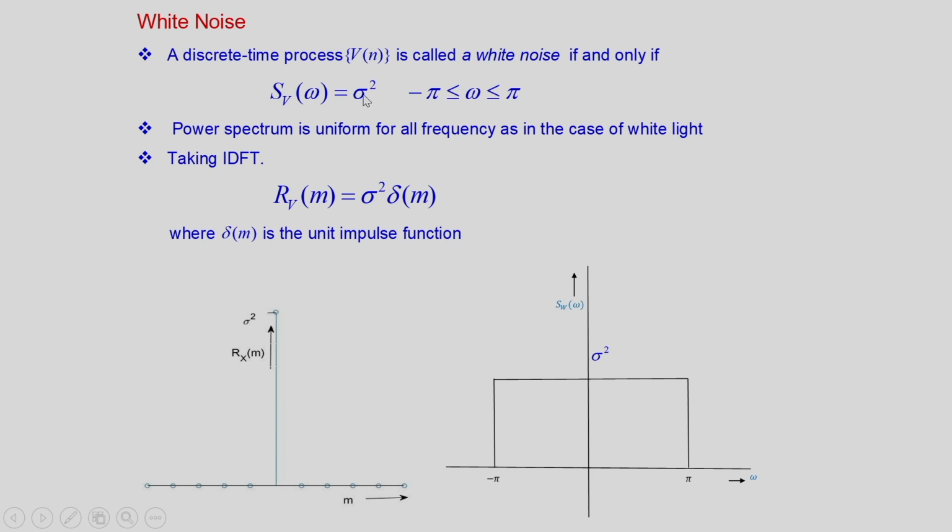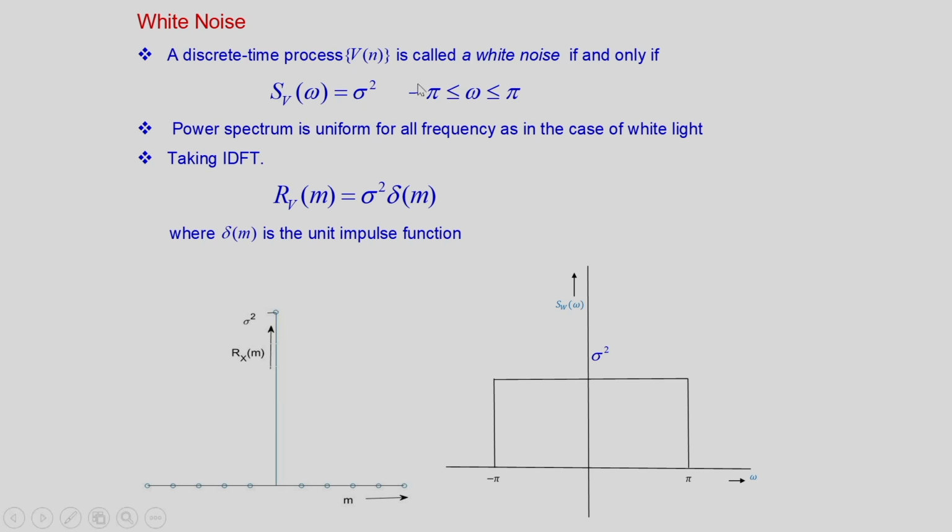So, it is sigma square, that is it is constant for all frequency. Power spectrum is uniform for all frequency. That is why it is called white, because as in white light all frequency components have uniform power. So, also in white noise all frequency components have uniform contribution to power.